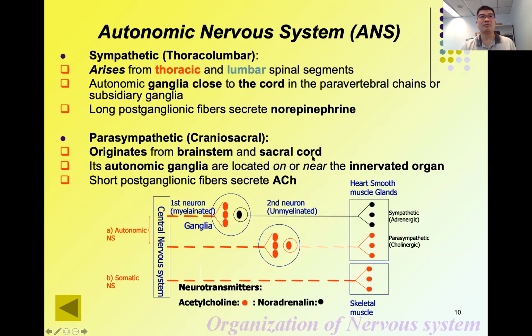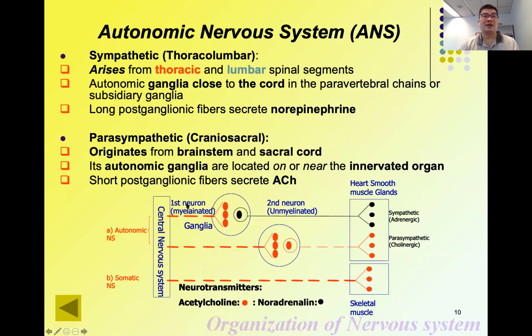Again, the autonomic ganglia are located on or near the innervated organs. We will look at the pictures again later. In the parasympathetic system, the postganglionic ganglia are close to the organs that they innervate.